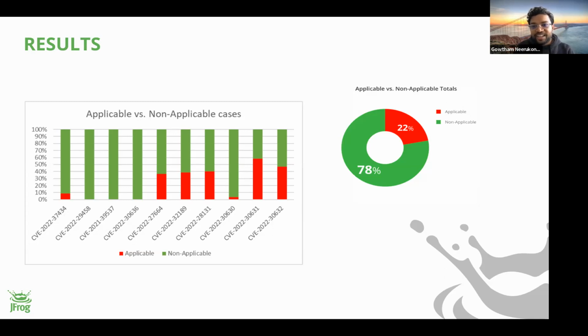So ideally, if you're an enterprise organization relying on these top 200 Docker images, you can reduce the noise of alerts by almost 78% and focus on the 22% that actually impacts your organization. So this is the benefit that you can get. Again, we just picked this example to account for the majority of the software development community, and to show the advantage of using these contextual analyzers.